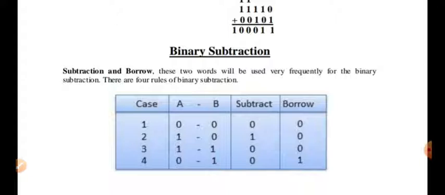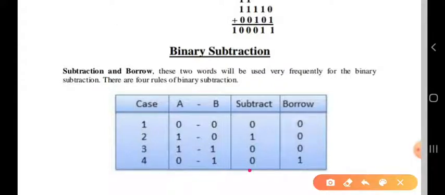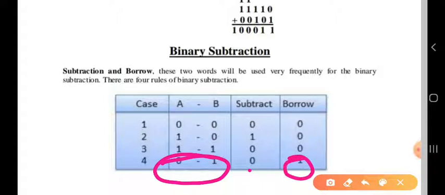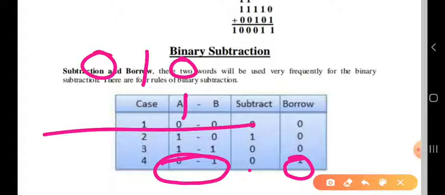Let us understand it with an example. Here this 0 means it is not possible, because 1 is not able to be subtracted from 0. When you take borrow, suppose 0 1 0 is a number, and you have to subtract 1 from it. So 0 is less and 1 is greater, so in that case it has to take a borrow from this number.